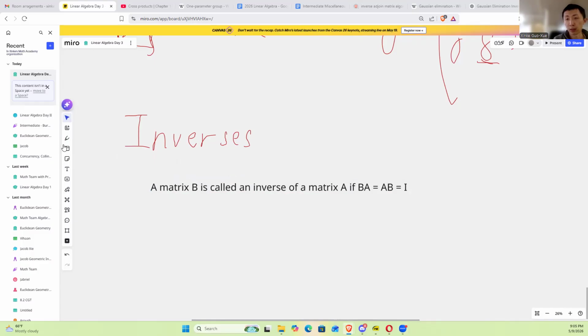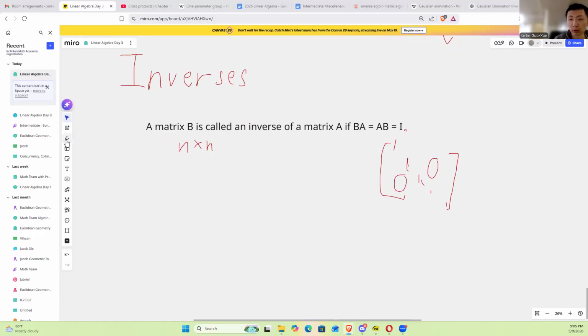Here, A and B are both n by n matrices, and the identity is the n by n identity matrix. That means it's ones along the main diagonal and zero everywhere else.